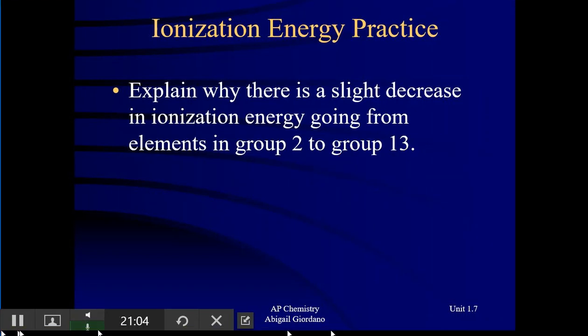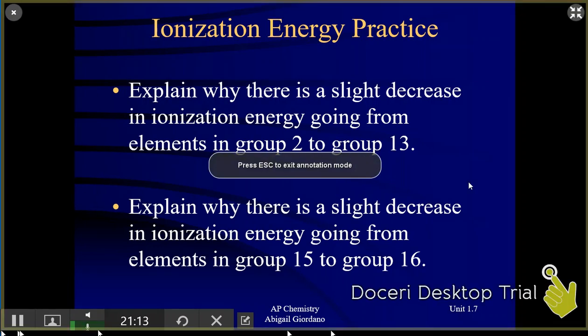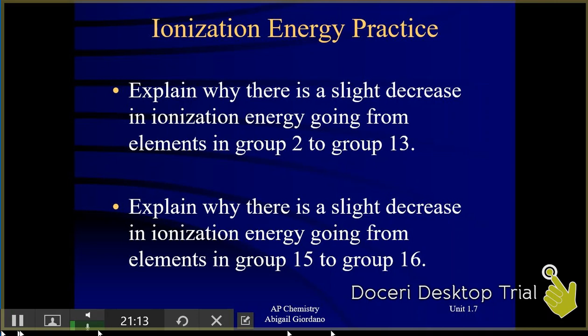Unfortunately, there's another exception to the rule, going from elements in group 15 to 16. I'm just going to use nitrogen and oxygen as an example, and this time I am just going to make up some numbers.